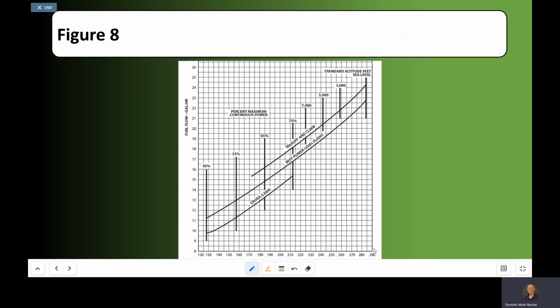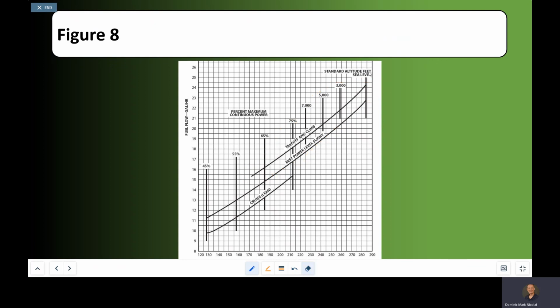At the bottom here is brake horsepower. Cruise lean is the best economy setting. Another one is best power in level flight. So we've got two diagonal lines for cruise, and then a diagonal line for takeoff.